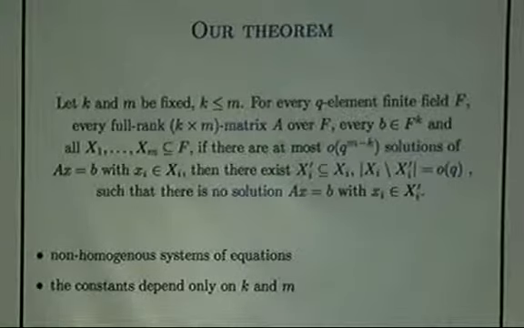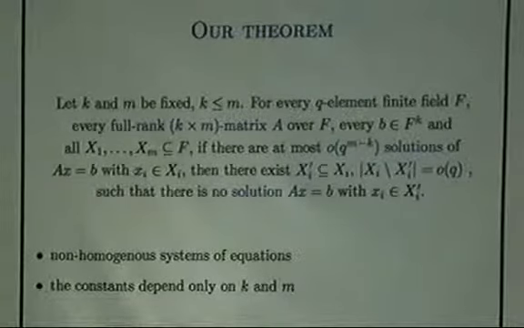So what we're saying is that if the number of solutions with respect to the sets x1 to xm is asymptotically smaller, then again you get the same conclusion. You can remove few elements, and few means sublinear in the order of the field, in such a way that there would be no solution left of the equation Ax equal to b, where the ith coordinate of the vector x should be from the set xi.